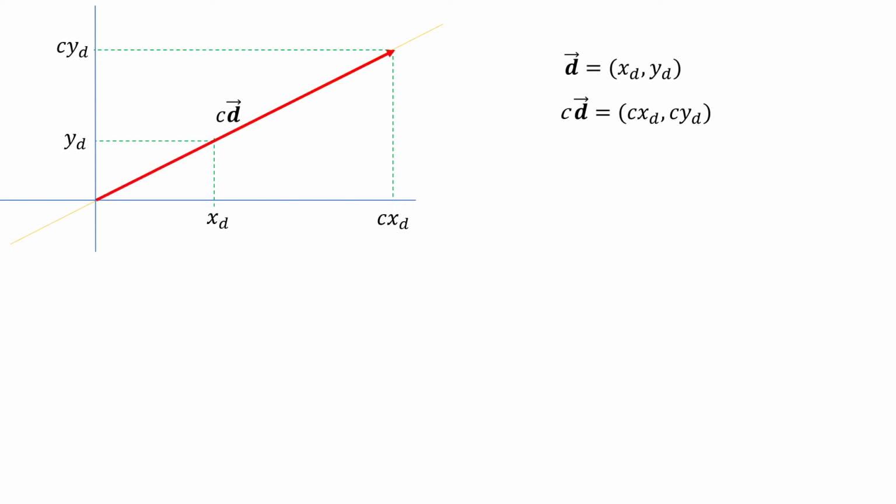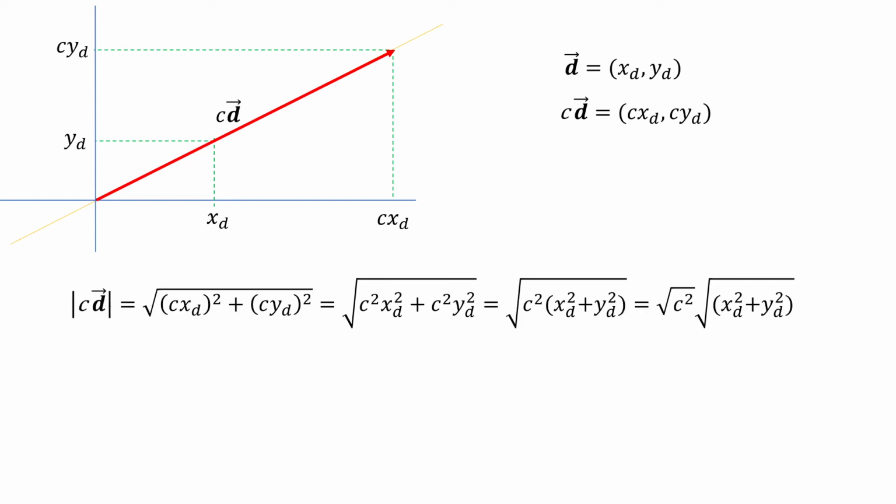And in this case, vector cd is just going to be the vector connecting the origin of the coordinate system to the point cxd, cyd, right? So the vector cd in general is going to be going in the same direction as vector d. The only thing is it's going to have a different length, right?